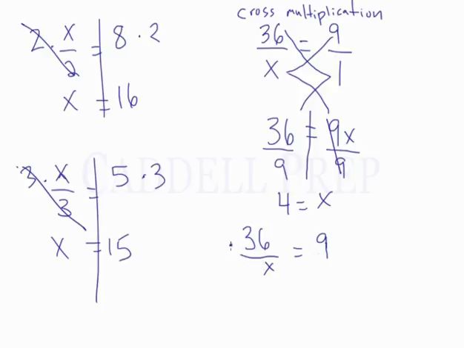So let's get a numerator by multiplying both sides by x. So here they cancel. I have 36 equals 9x. Very similar to the method of cross multiplying. So again, we just divide by 9, and we still find that x equals 4. So both of those methods work.